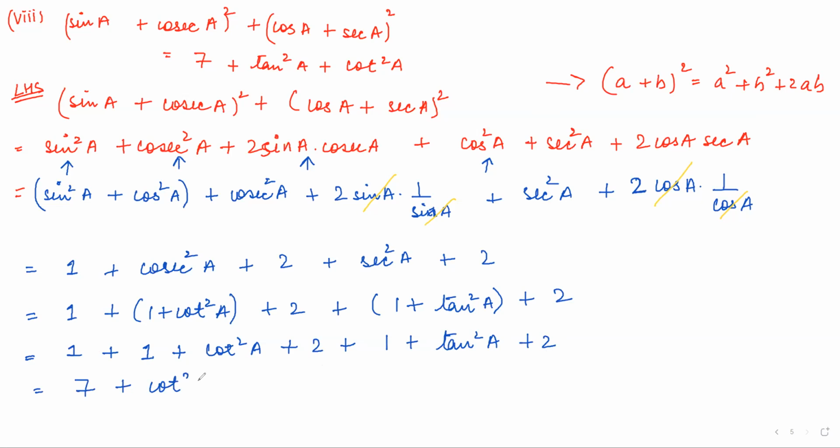Plus cot square A and then plus tan square A. So this is your RHS. Done, ma'am.